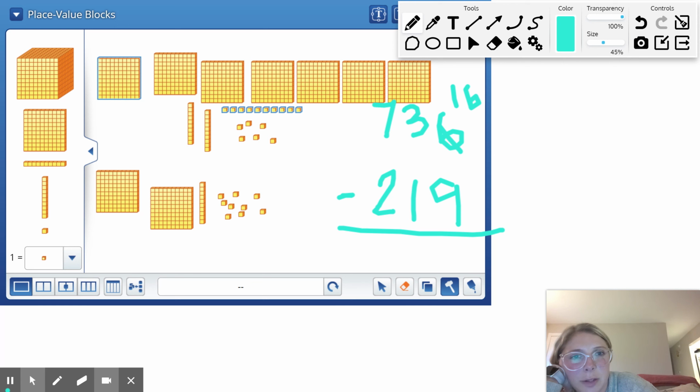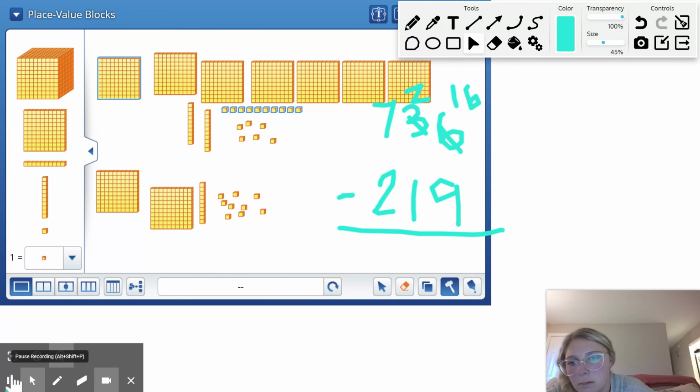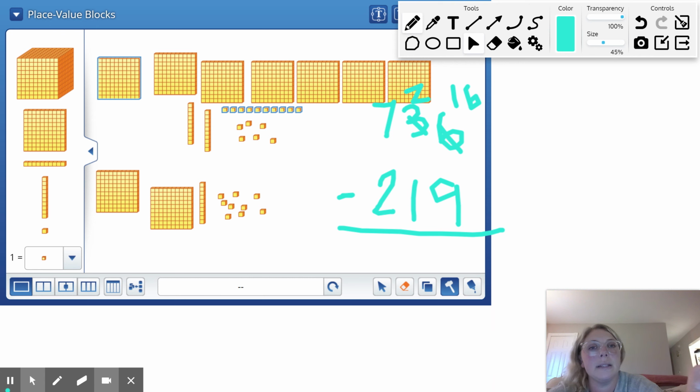And this 3 now became, we had 2 tens. I'm just going to write it right over our 10. So now we can subtract 16 minus 9. There's different ways that we can do it. We can count up if we start at 9 and count up until we get 16.